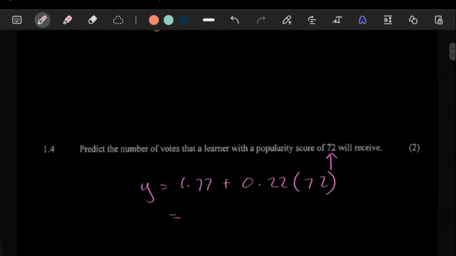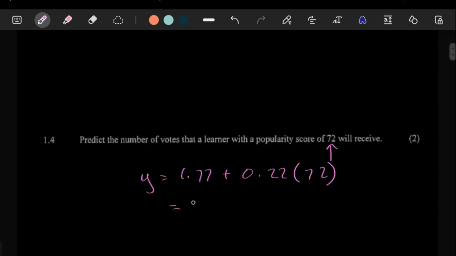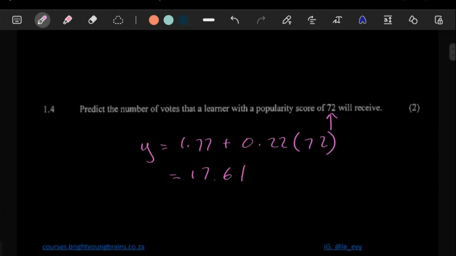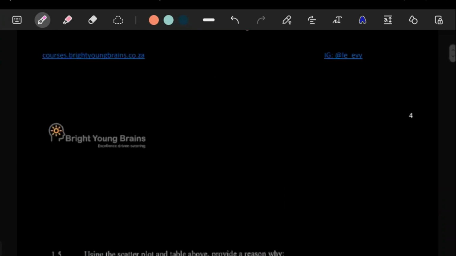All this in the calculator. Let's see what it is giving us. That's like 17 point something, 17.61, but you have to round it down to 17. The reason is you cannot have 17.61 votes. You have to count the full votes that you got, 17. So that's okay. Let's keep moving.